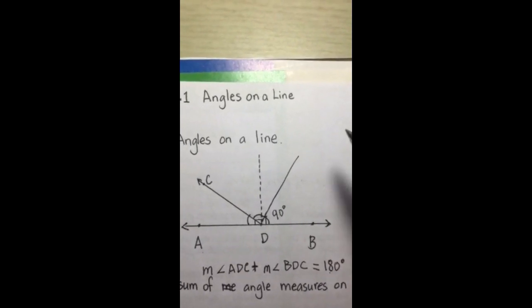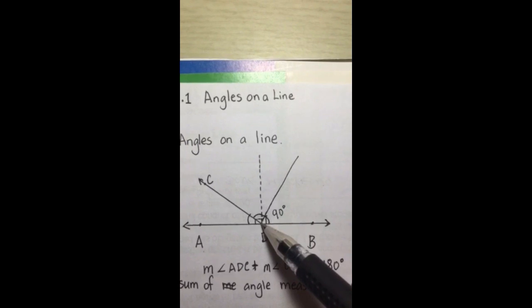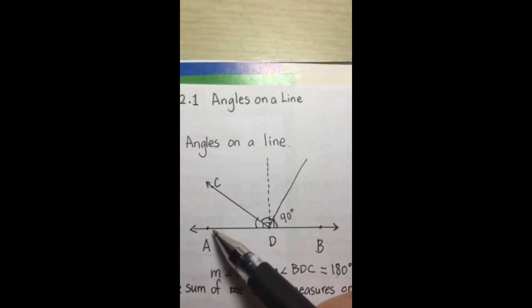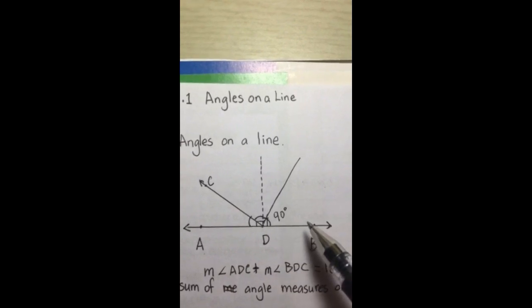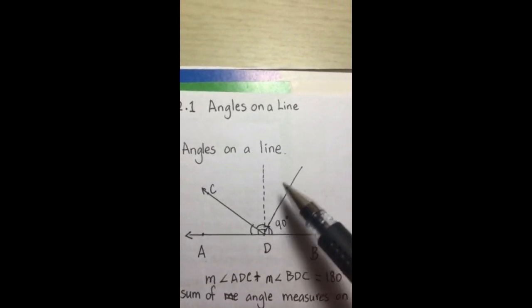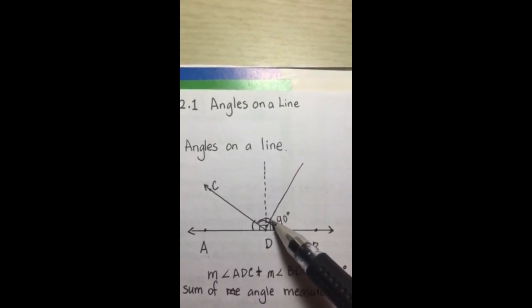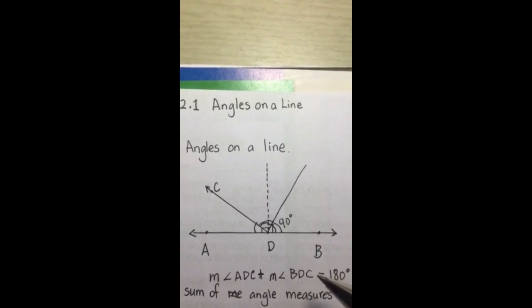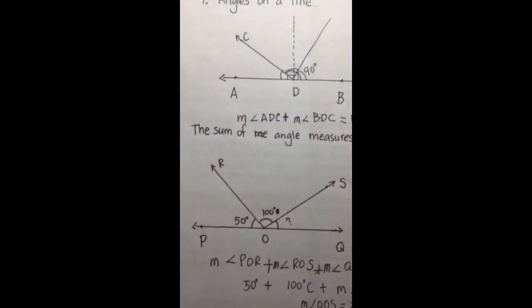Even when you have more angles, if they share a point, the vertex, and two of their sides make a straight line, they are still called angles on a line because the sum of all of them still makes 180 degrees. Just like this one.